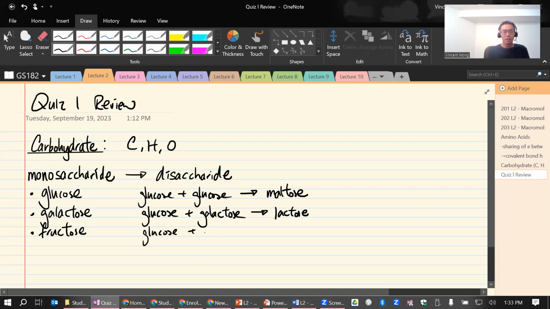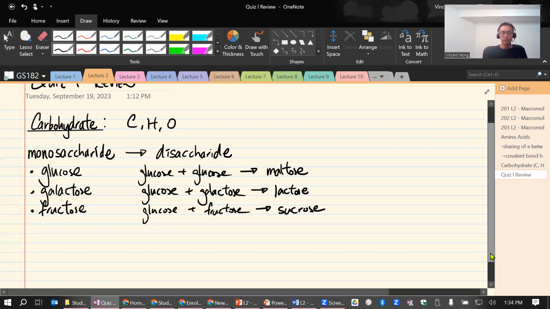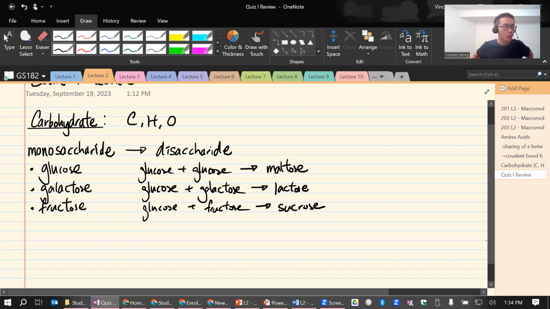Glucose plus fructose gives you sucrose, right? So these are disaccharides. These are monosaccharides. And then we can put many, many glucose molecules together using dehydration synthesis to make polysaccharide.